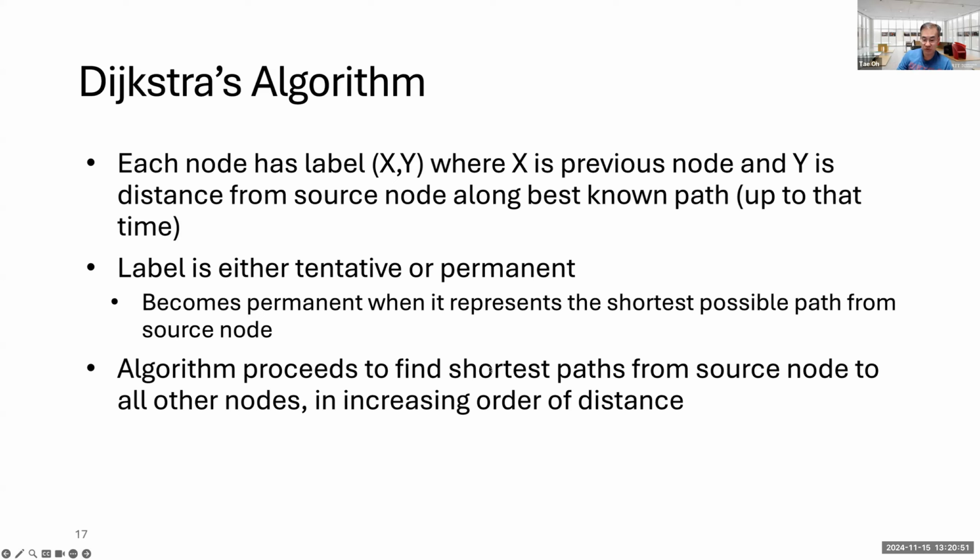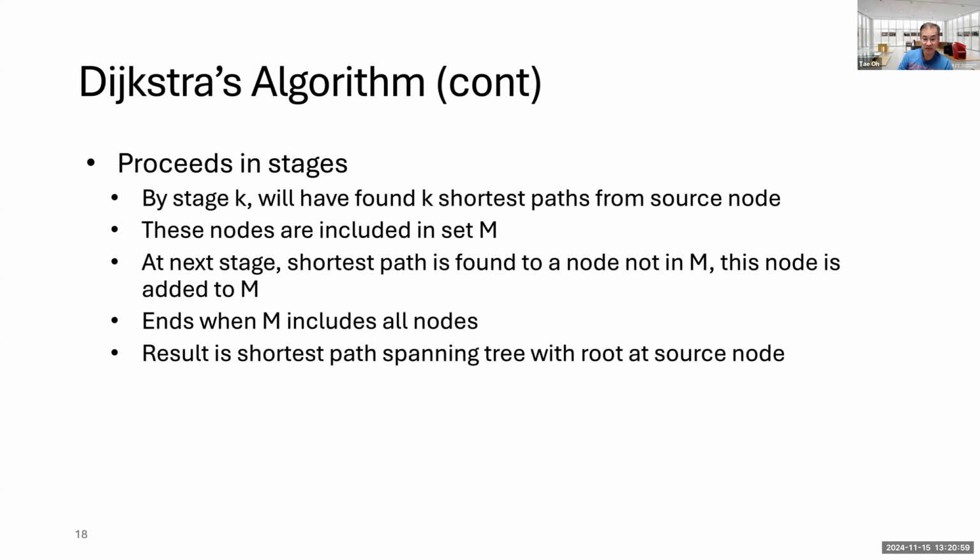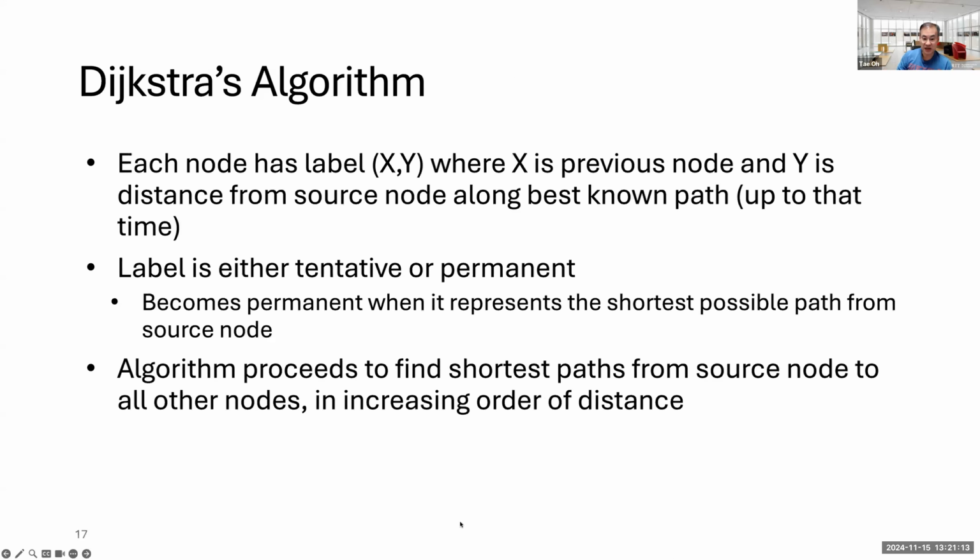The algorithm proceeds to find the shortest path from the source to other nodes in increasing order of distance. It proceeds stage by stage. There are a number of different stages. This has to be more of a source routing, which means the routing protocol provides cost and node status to distribute to everybody.